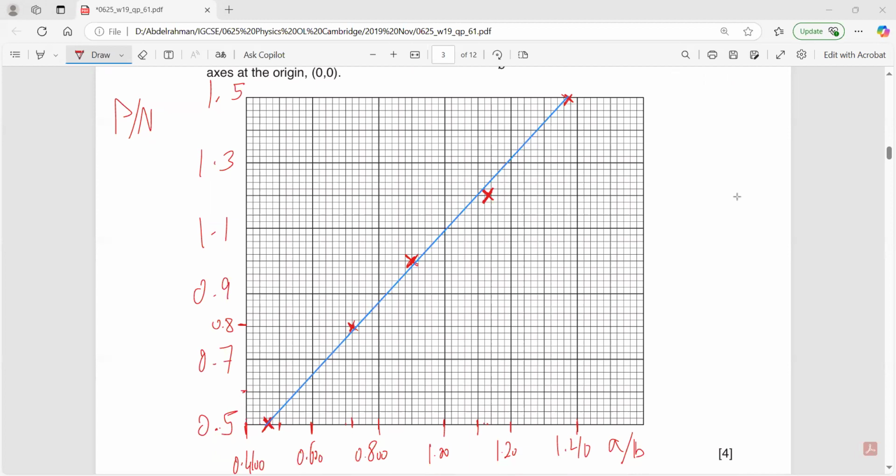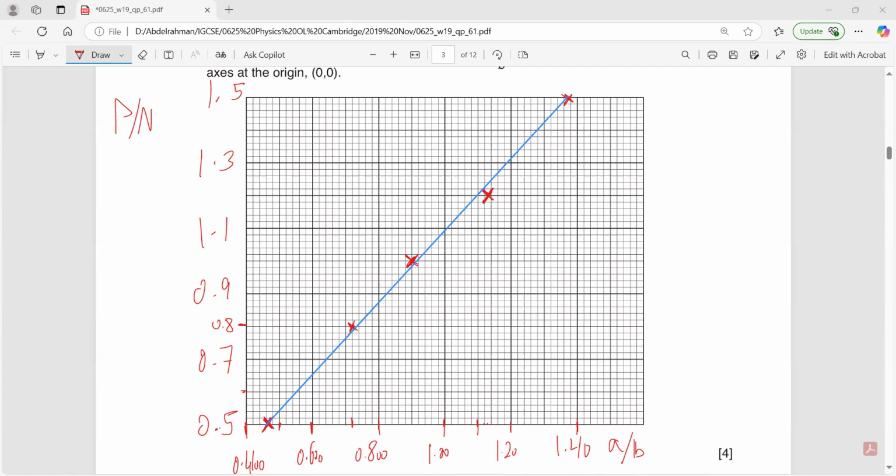You have one or two points above the line, one or two points below the line, which is equalized. This is what we call a line of best fit. So your line of best fit should look somewhat like this.